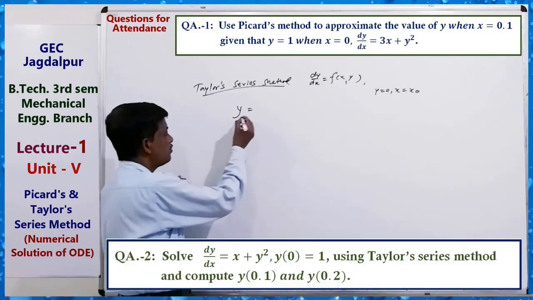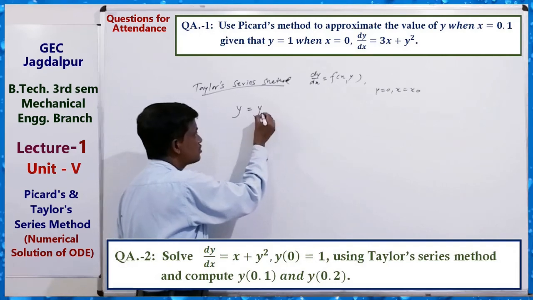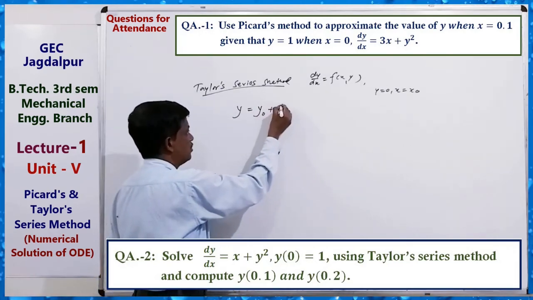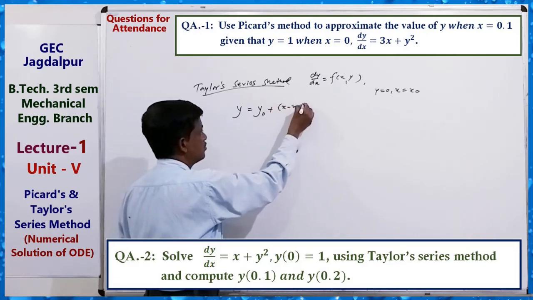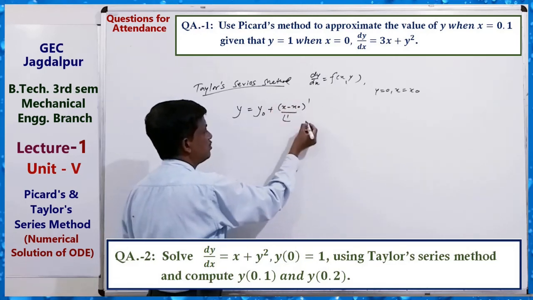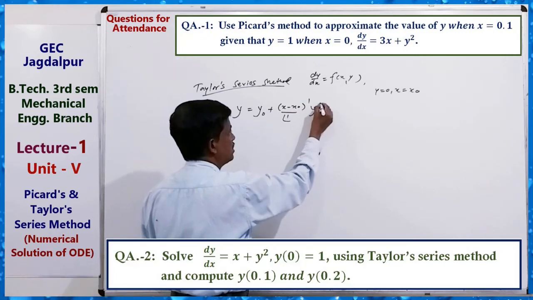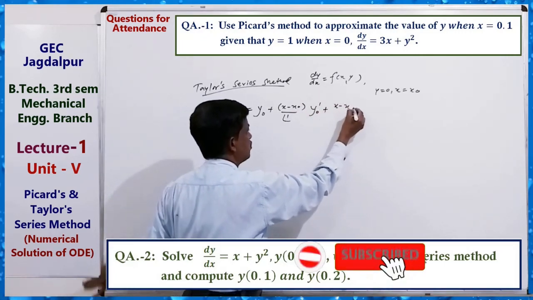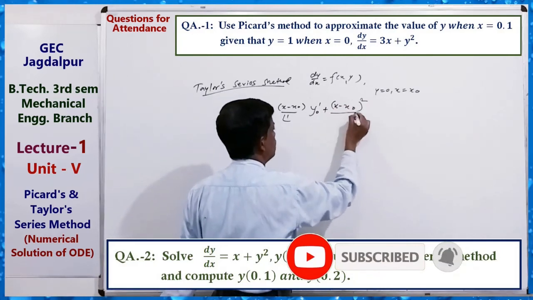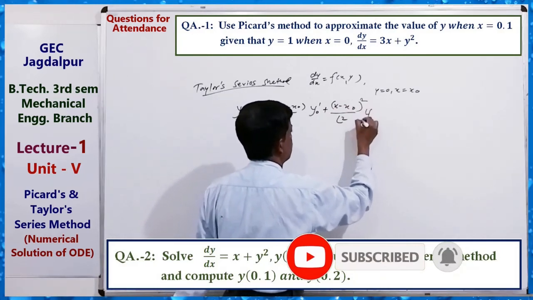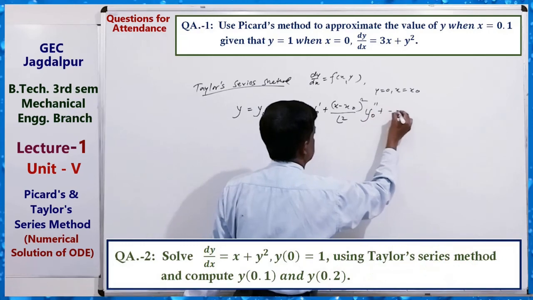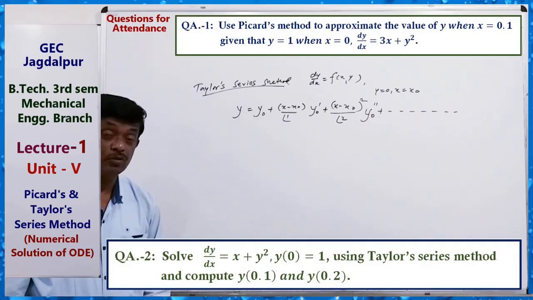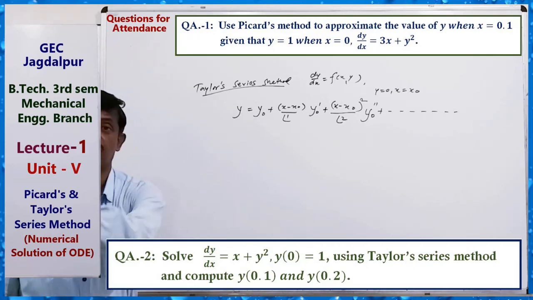Okay, so here the Taylor series we know: y equals y0 plus (x minus x0) upon 1 factorial times y dash 0, plus (x minus x0) power 2 upon 2 factorial times y double dash 0, and so on. We have to find the value of y in series form.